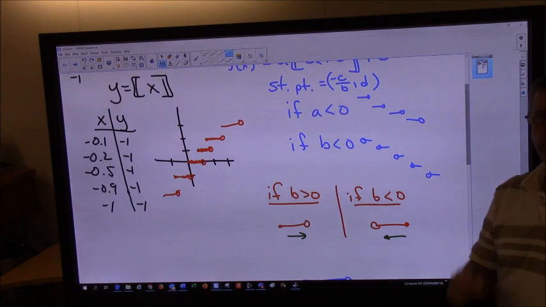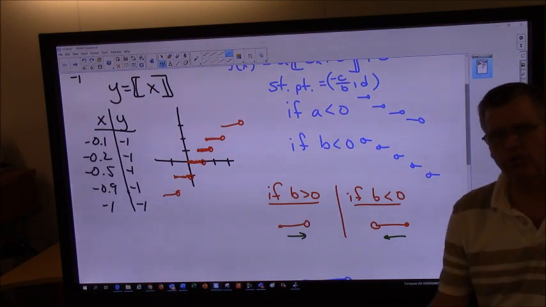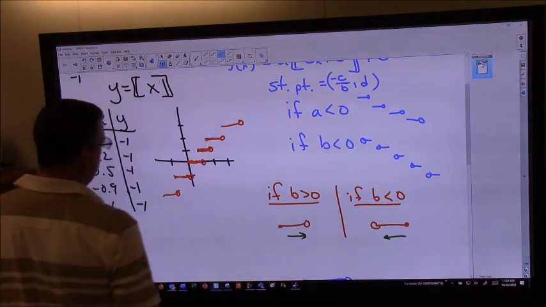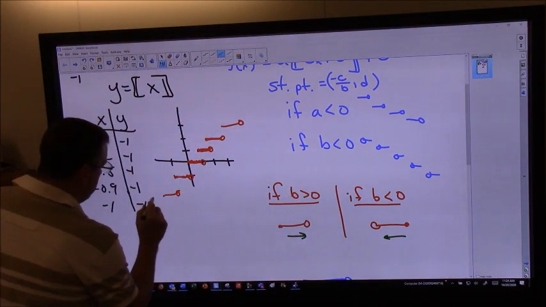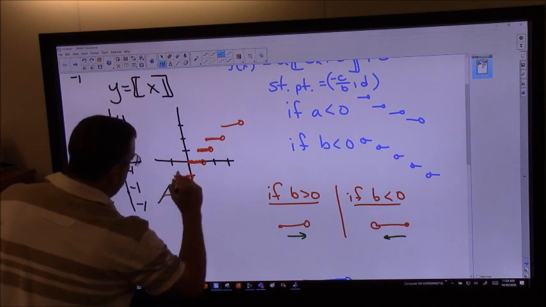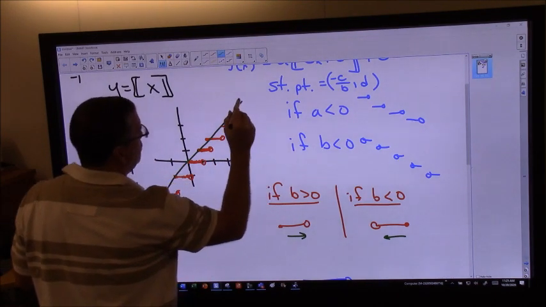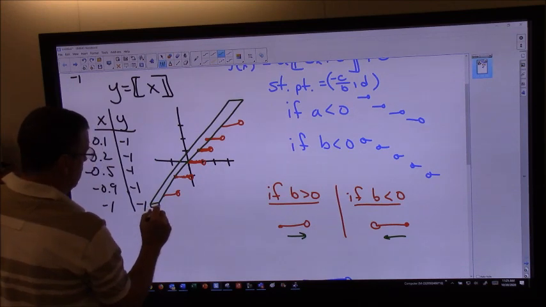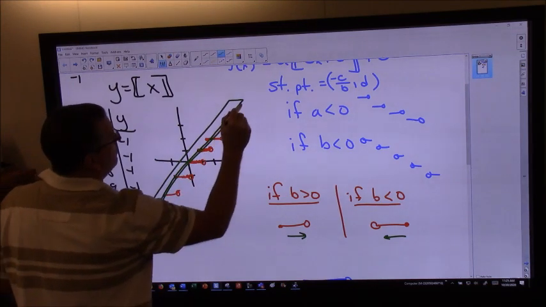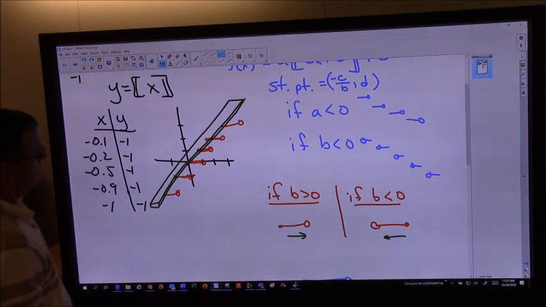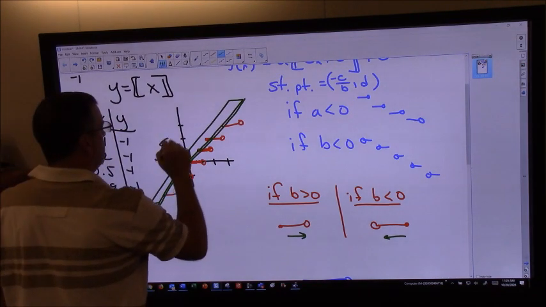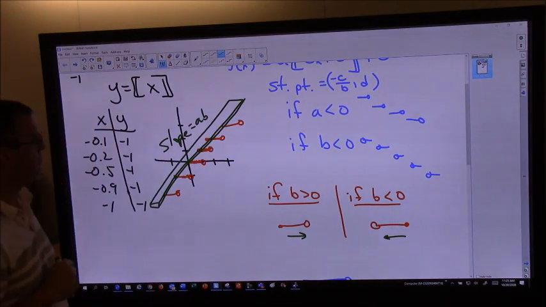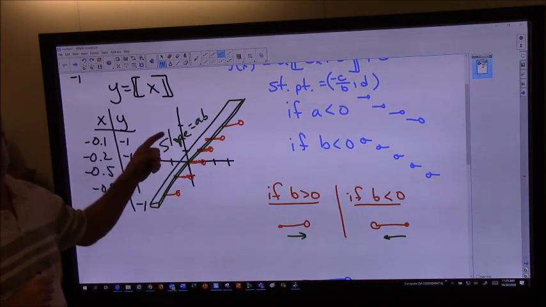There's one more piece here that probably isn't crucial to graphing this, but it's something that we could pay attention to. If I took a board and I laid it across the front of all these steps, let's just say we had some kind of a 2x4 here, okay? The slope of that board is going to equal a times the b value. Okay, just like in our absolute value function.